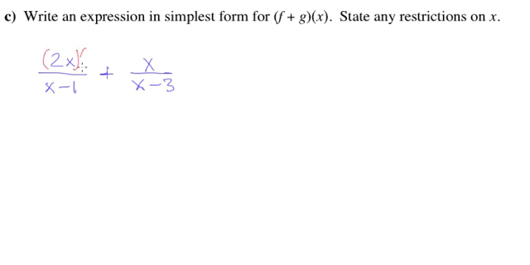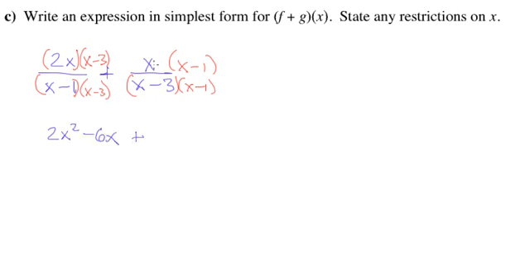So we'll multiply this side by x minus 3. And this right-hand side needs an x minus 1. And that results in 2x squared minus 6x, that's this numerator, plus x times x is x squared, minus x, that's all our numerator, and the whole thing is over x minus 1, x minus 3.